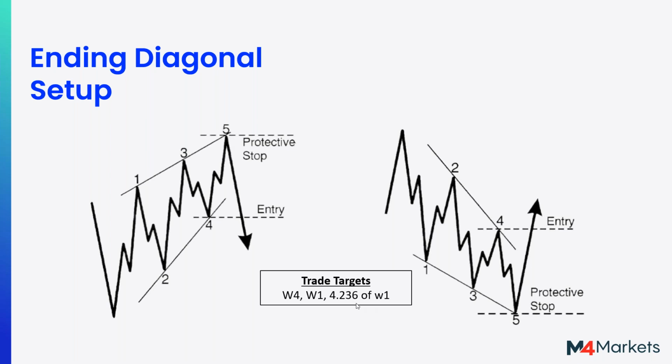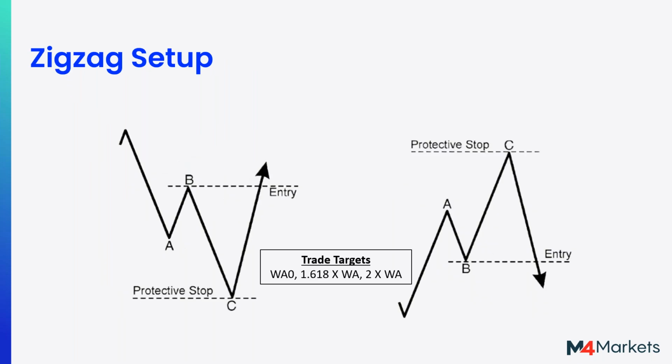The trade targets are the same, but with ending diagonals, you also have the ability to let the trade run, because it could be a full-blown reversal that's going to get you 2 years or 3 years of going down the hill or up the mountain, if you know what I mean. So yes, they definitely offer a very good risk-reward ratio.